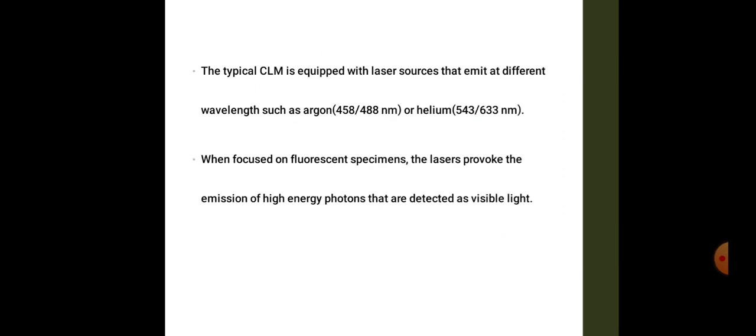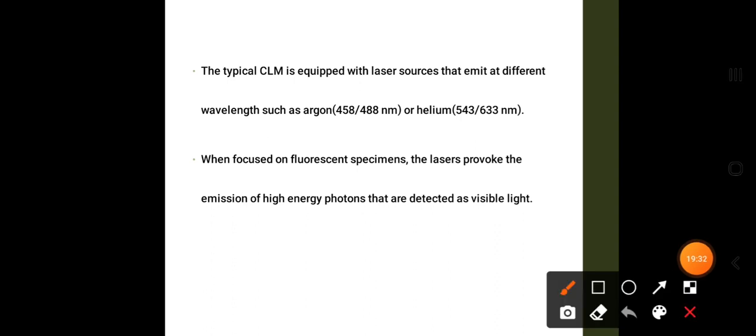The typical confocal laser microscope is equipped with laser sources, as the name indicates, which emit different wavelengths such as argon and helium. The argon wavelength is around 458 to 488 nanometers, while the helium wavelength is 543 to 633 nanometers.